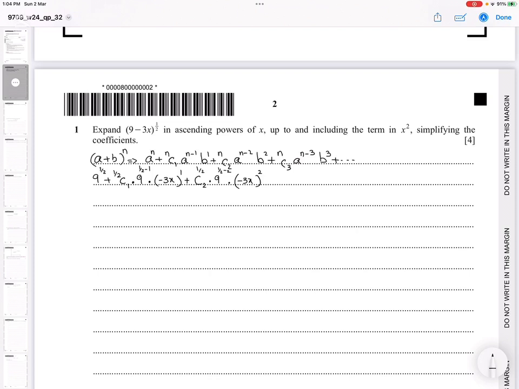So I will stop here because the question says including the term in x square. So I got x square here. No need to write the next term.